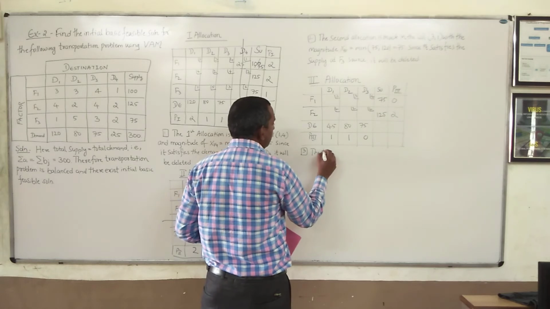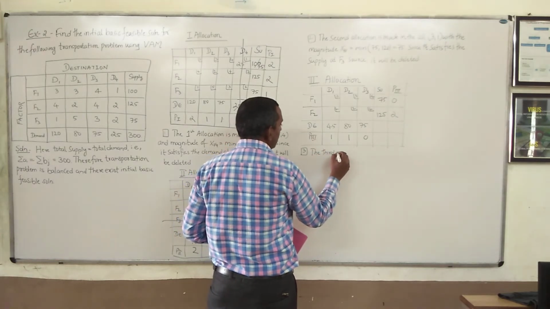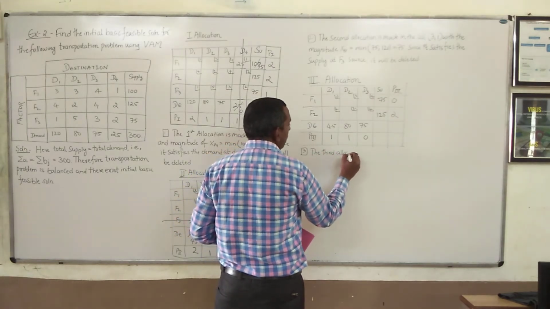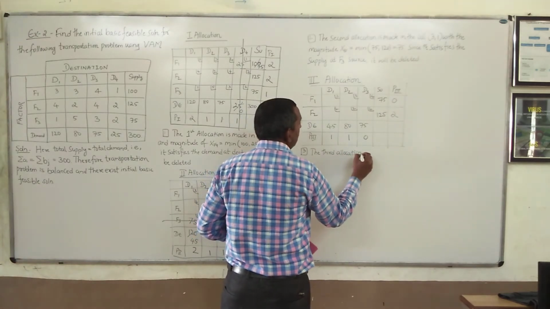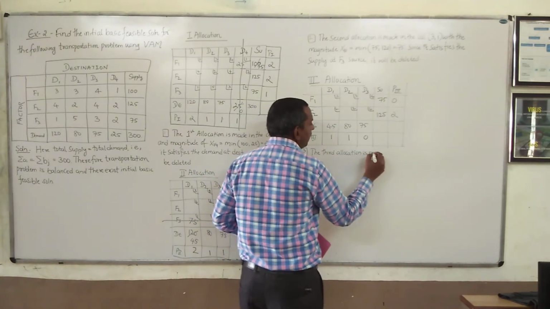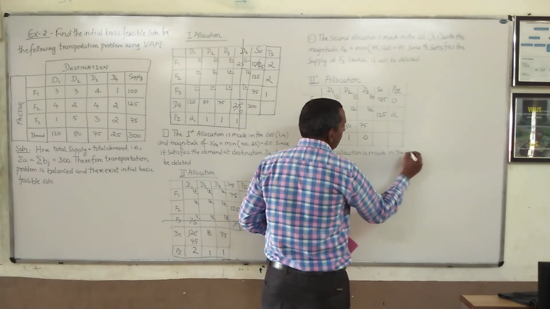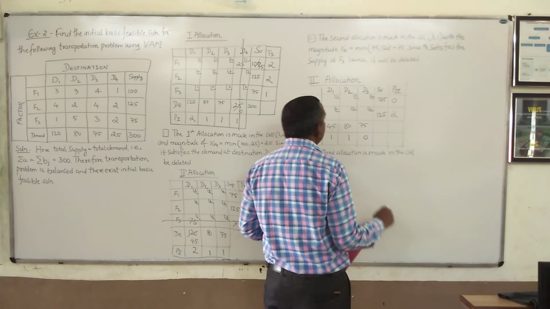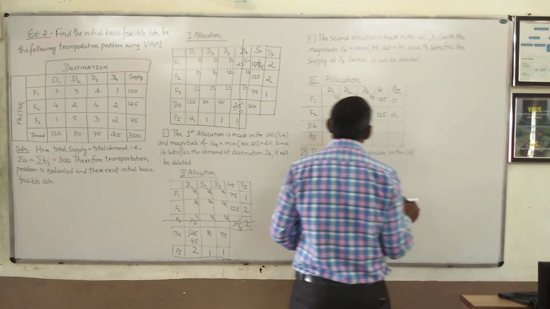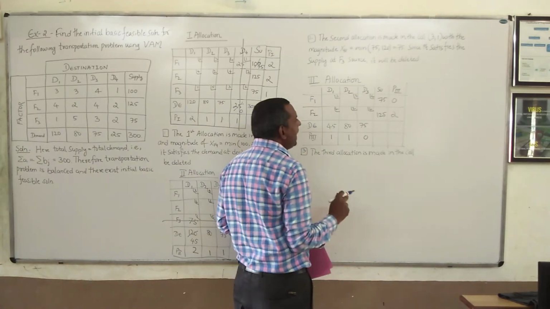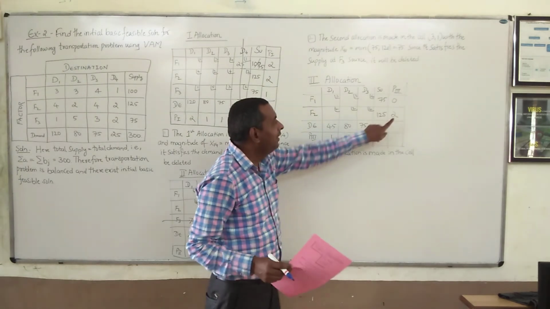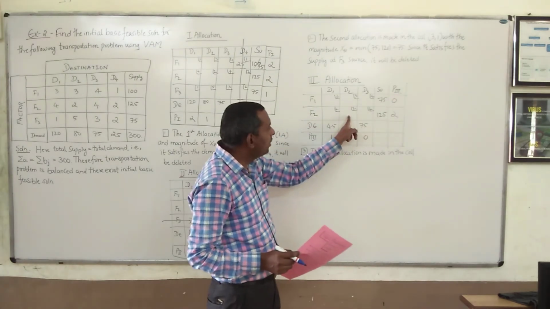The third allocation is made in the cell, which is the cell here. The third allocation is made in the cell. The largest penalty, and the smallest is this one.